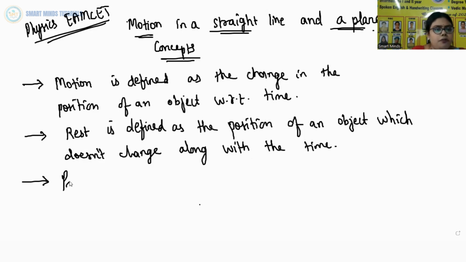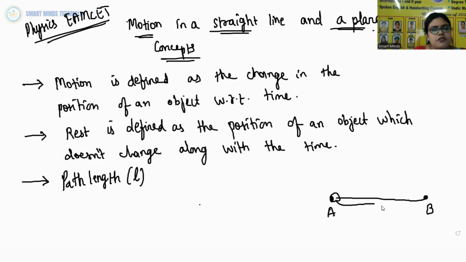Next, what do you mean by path length? Now let's say there is a car at point A. There is a point B. The car started from here and it is moving till this point. So the distance which it covered, this is called path length. Understood? So how can you define path length?